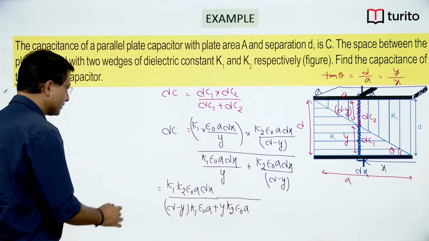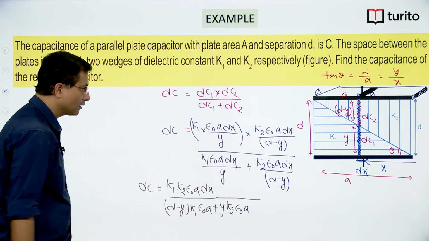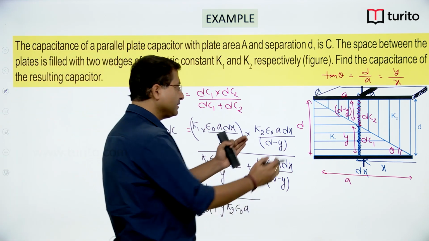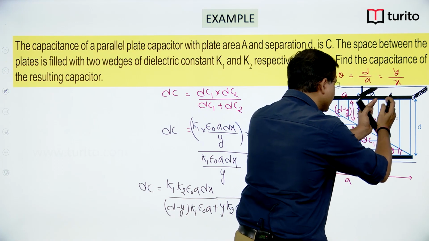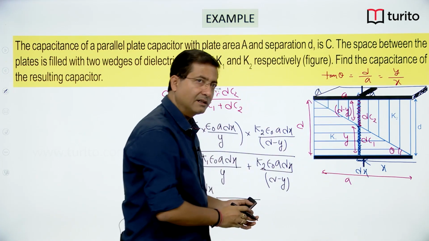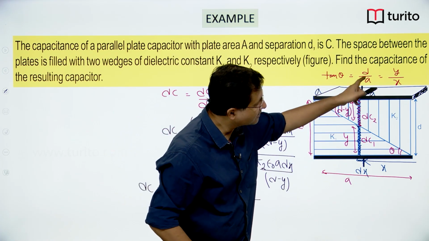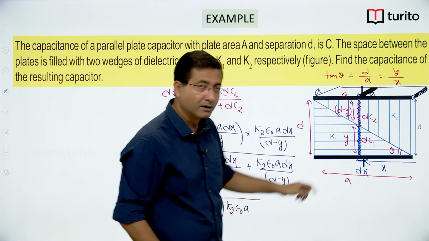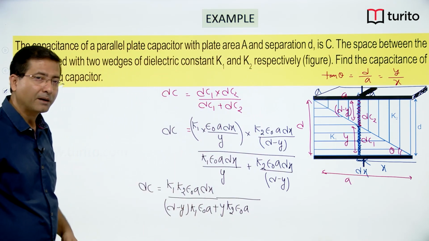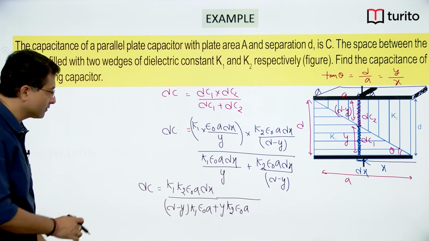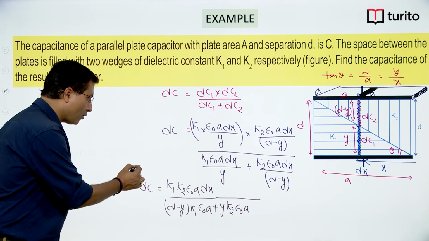Now the main concept: all such dCs, this dC, the adjacent dC and all these dCs, they are connected in parallel, upper is connected with upper and lower is connected with lower. As all are connected in parallel, I need to integrate this expression, I need to add all dCs.